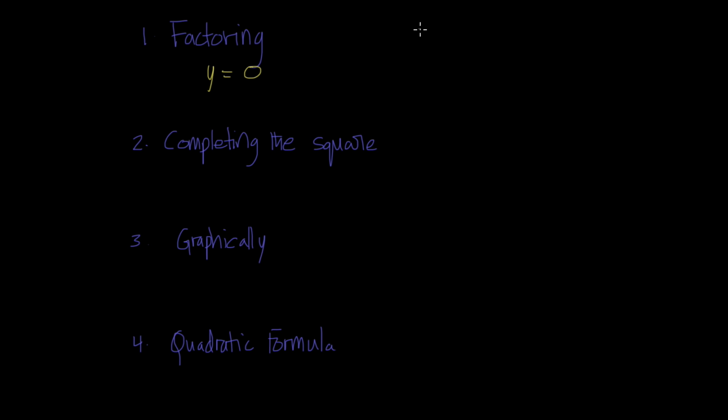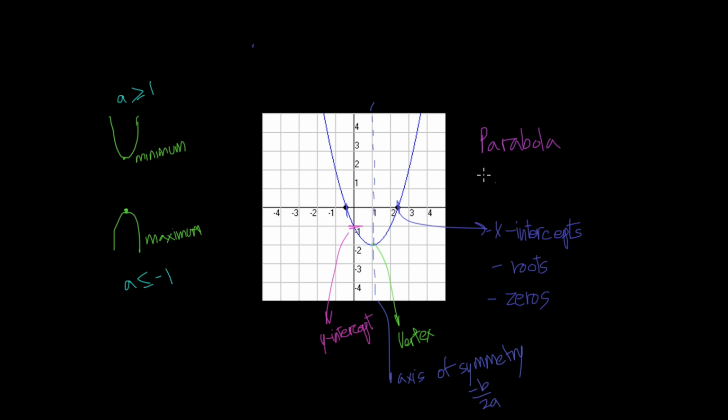So again, a quadratic equation is in the form y equals ax squared plus bx plus c, where a cannot be equal to 0. So if I'm trying to find out my values of x, then I will have to substitute this y to be 0. Because again, going back to this graph, at the x-intercepts, y is 0, right?